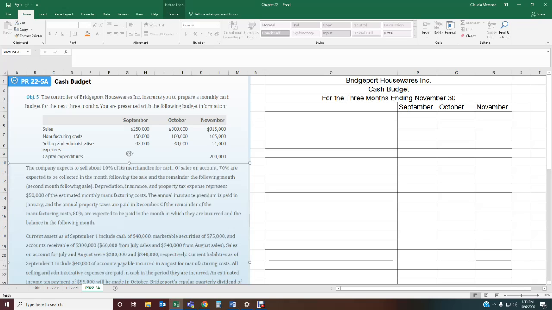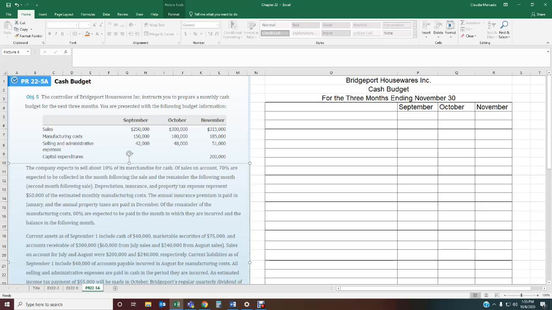Because we are preparing a cash budget for September, October, and November, this information is really not relevant to us because the insurance is going to get paid in January, and the property taxes are going to get paid in December. So we are only interested in what we are going to pay in September, October, and November.